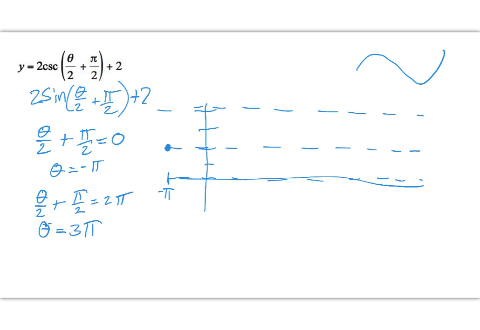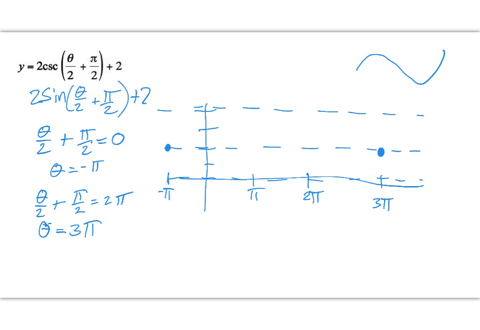At 3 pi, so that would be pi, 2 pi, and 3 pi, we're going to have our second endpoint for sine, exactly in between these two. So exactly between negative pi and positive 3 pi should be 1 pi.